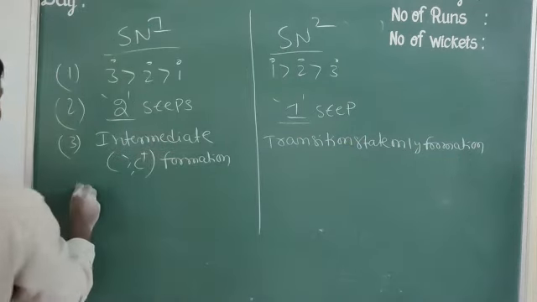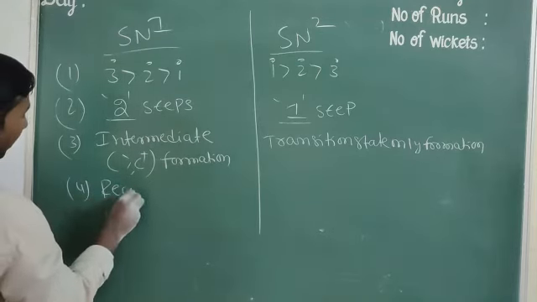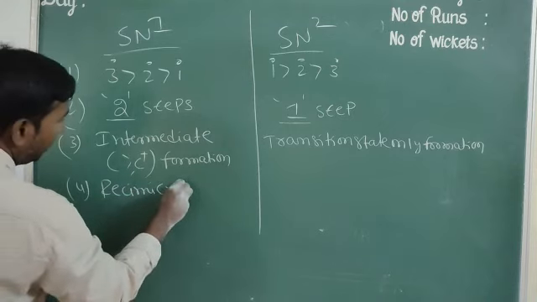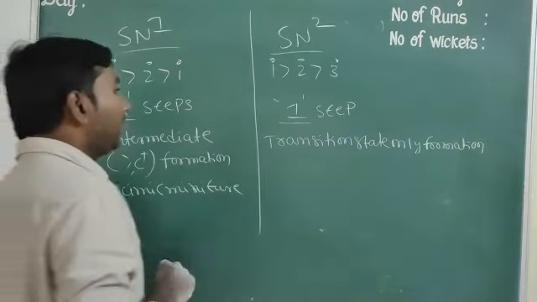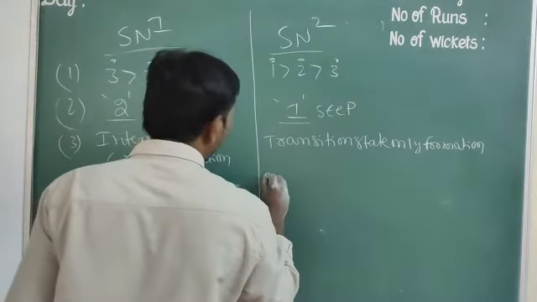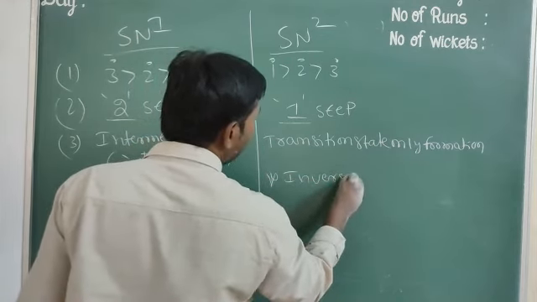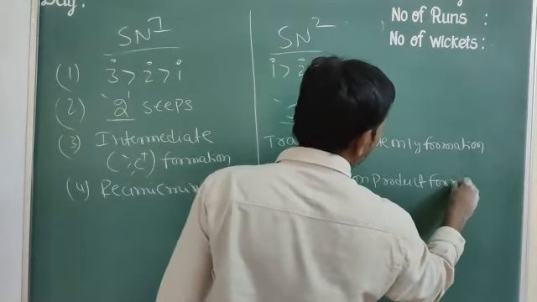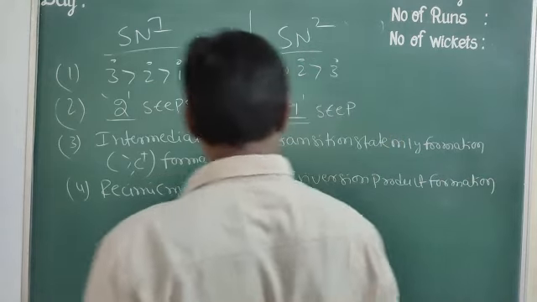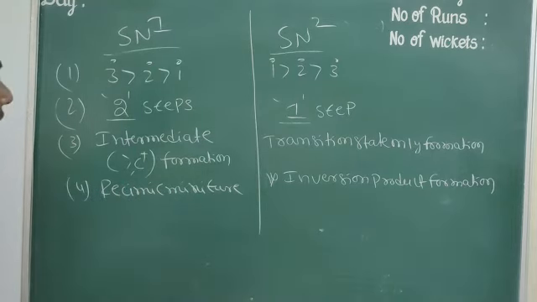In SN1, the product is a racemic mixture, equal portions of dextro and levo. In SN2, an inversion product forms.